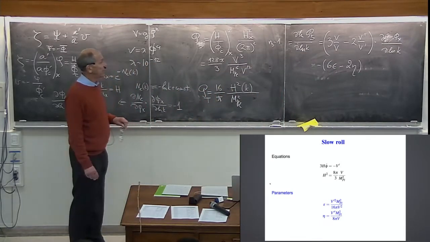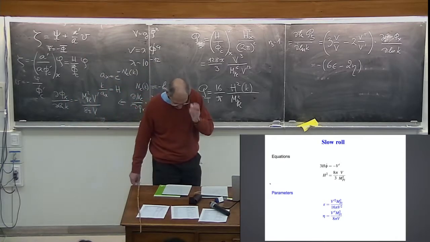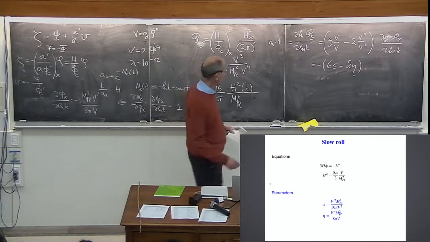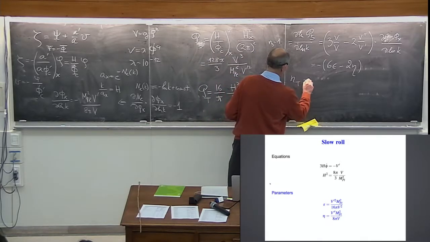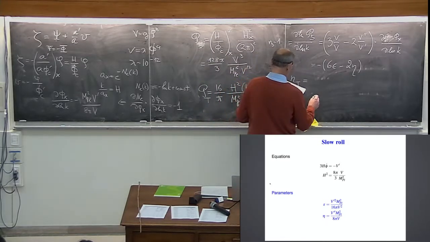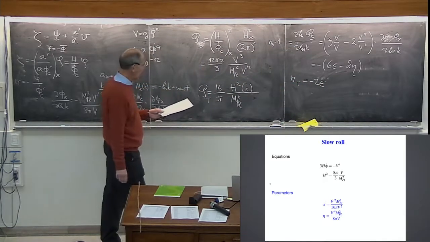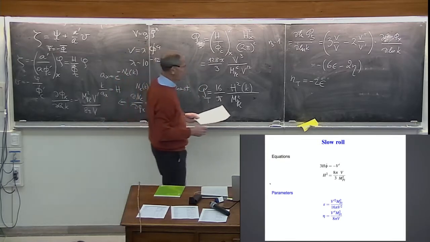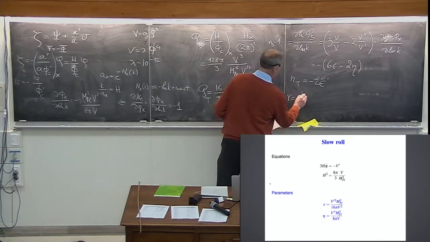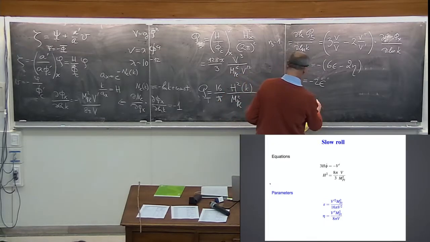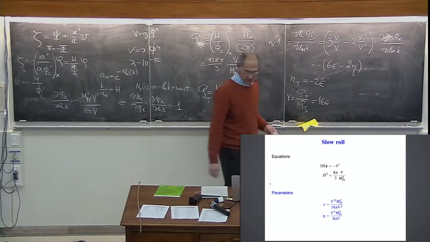And similarly, what you get is a nice result that the tensor tilt n_t is minus 2 epsilon. And finally, the ratio of the two, which we called r, P tensor over P scalar, is actually equal to 16 epsilon, if I remember correctly.